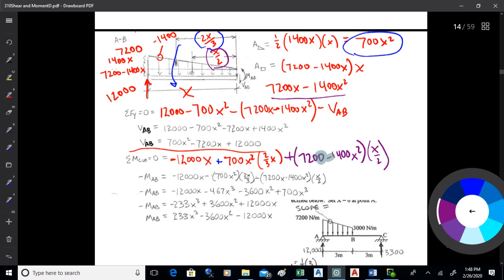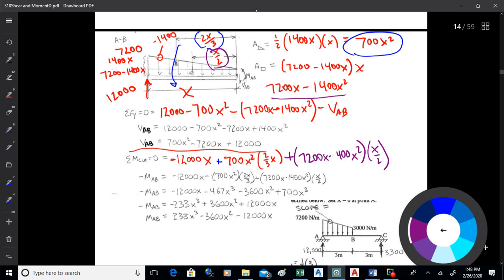Behind the 7200? Yeah, okay, thanks. There we go. And then I have my plus MAB. So that's the shear and moment.